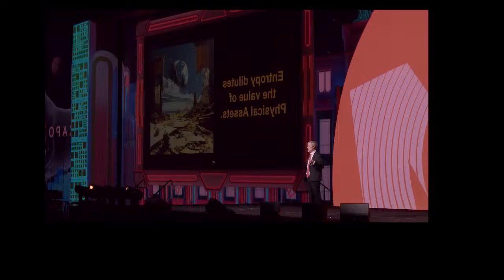None of them got to take it with them. So physical assets you might think might last 1,000 years. Probably about 50 to 75 years is the best you're going to do. Entropy is diluting the value of your physical assets. It's sucking the capital, the energy out of them. There's a reason it's called earth and not heaven.